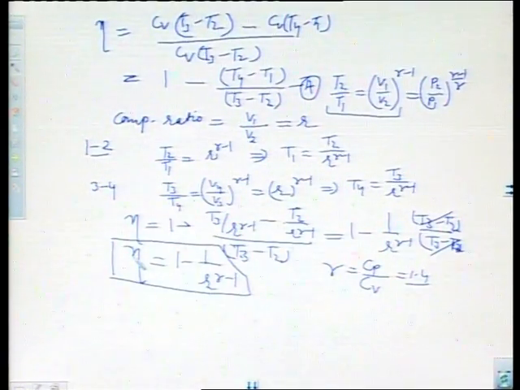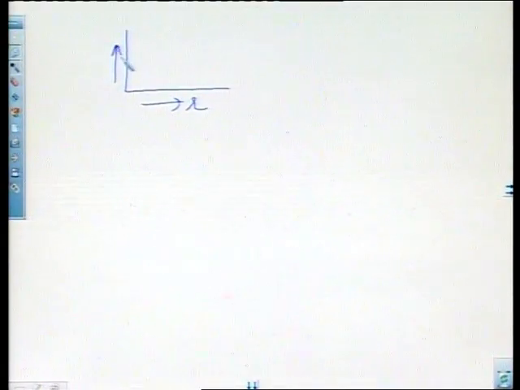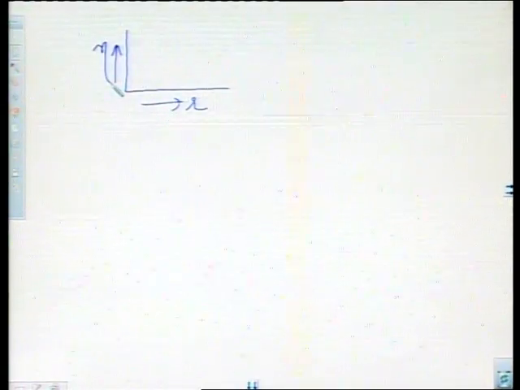minus heat rejected. Now, if we plot a graph of efficiency and compression ratio, let us say this is your compression ratio, and this is your efficiency. You will see as the compression ratio increases, efficiency increases, and the graph is like this.